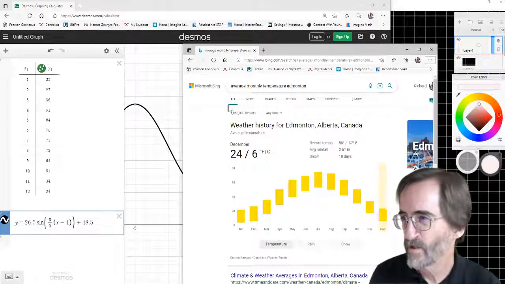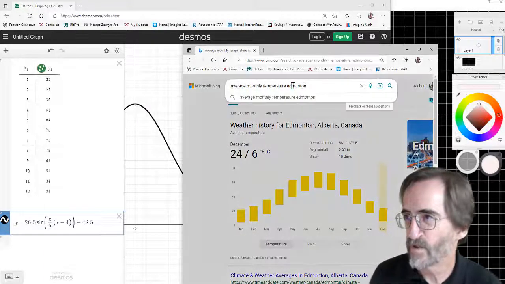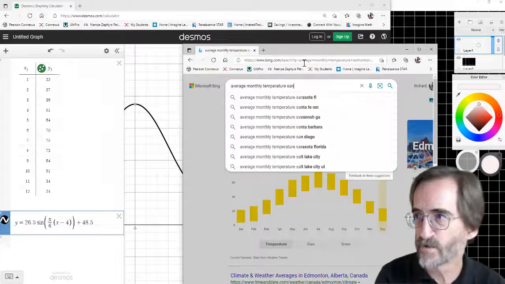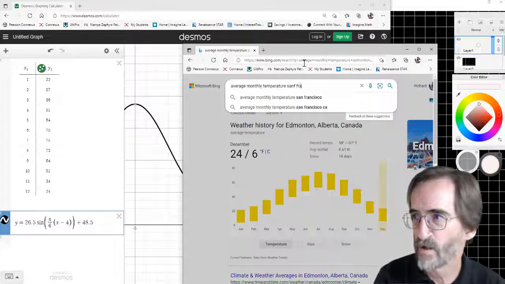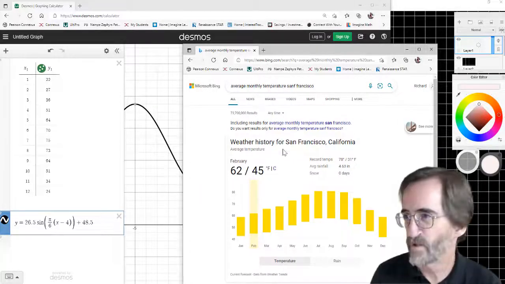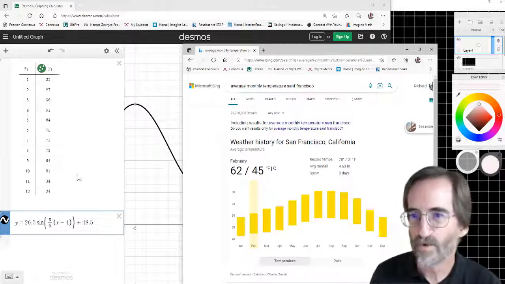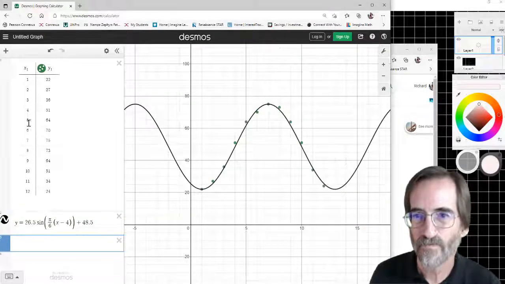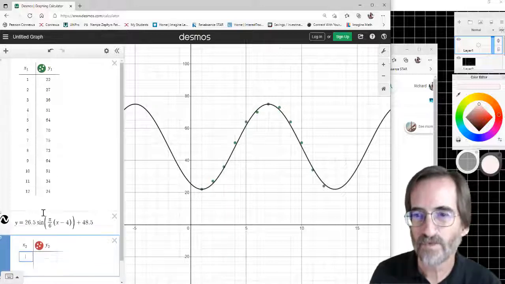And okay, average monthly temperature, San Francisco. Okay, and here we go. All right, so we're going to record. We're going to make a new table. Okay, and this one's going to be x2 and y2.